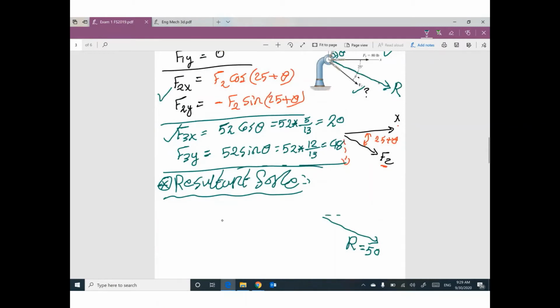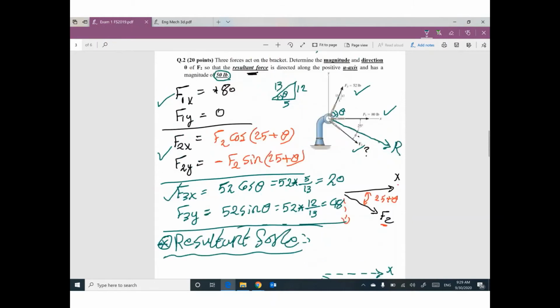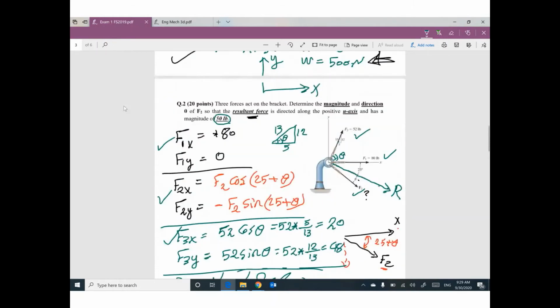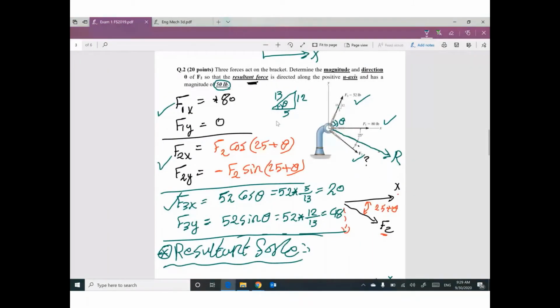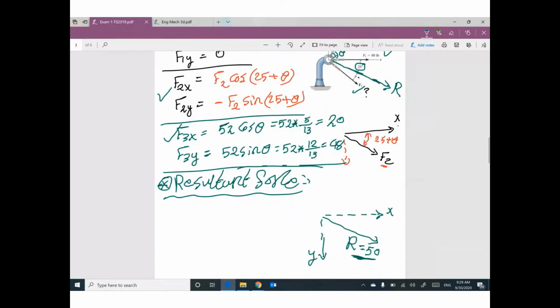We have X and we have Y. Can you tell me what is the angle for R? What is the angle of this resultant? Someone will say, hey, it's not given in the problem. No, it's given. The problem says R is in the same direction as U, and U is at angle 25 with X. That means R will be at angle 25.